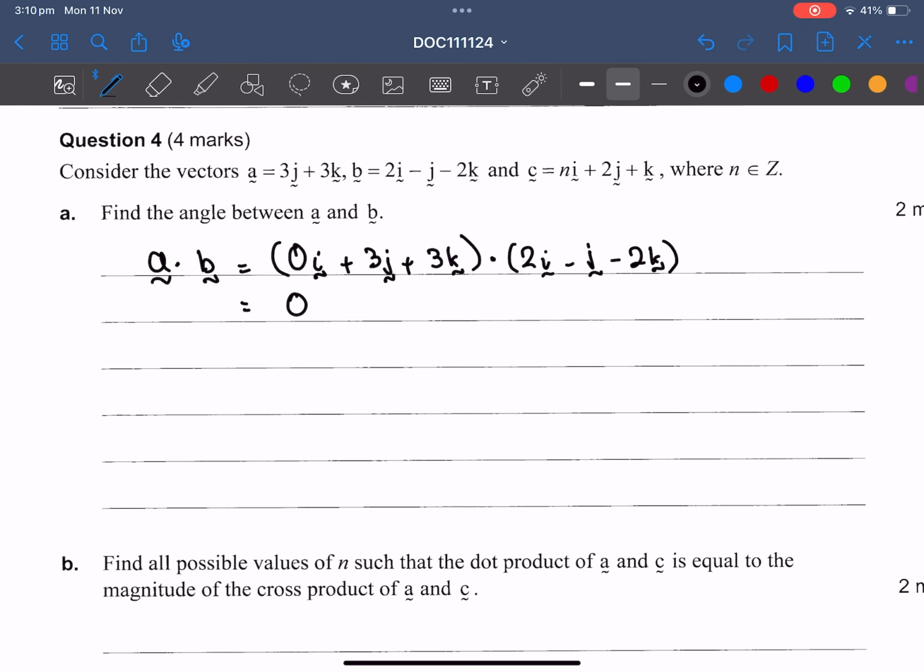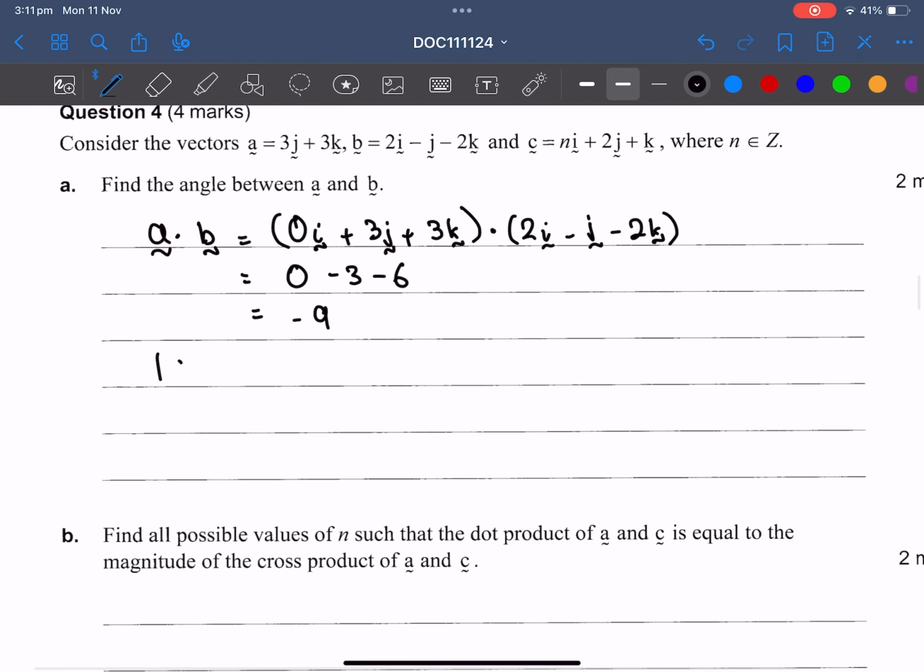Okay, so we get 0 and then minus 3 and then minus 6. So that is equal to minus 9. Okay, so the dot product isn't going to be 0. In that case, we'll calculate the magnitudes as well.